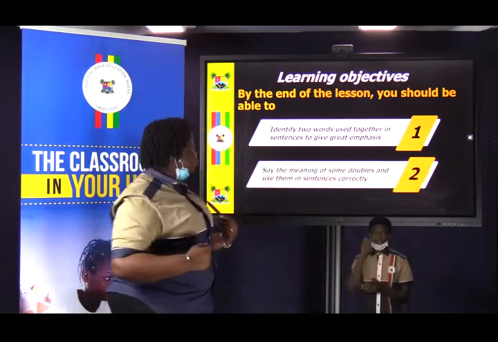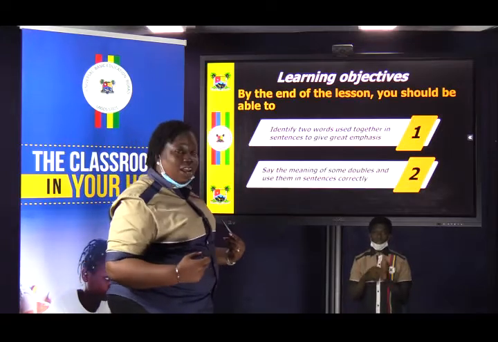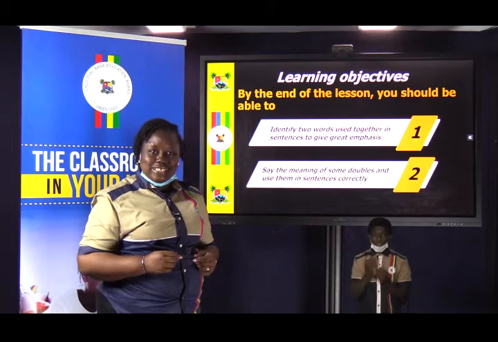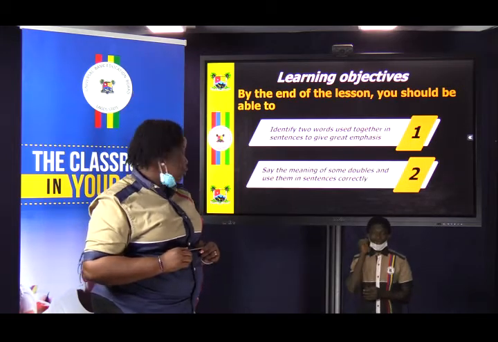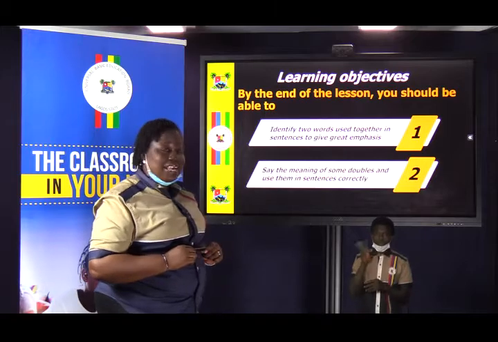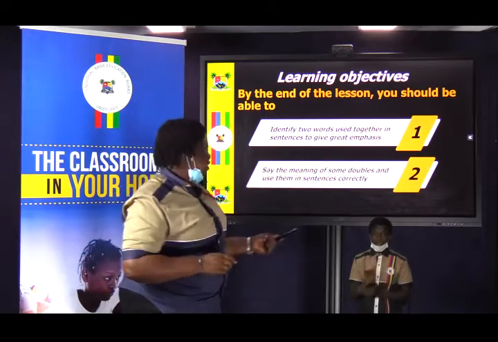Not only that, you should also be able to say the meaning of some doubles and use them in sentences correctly.